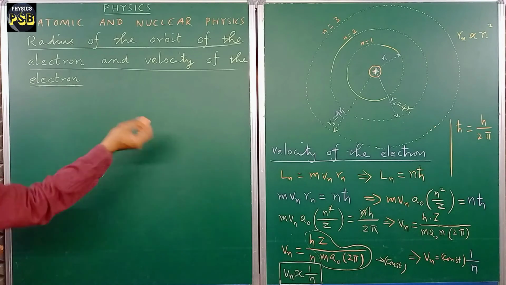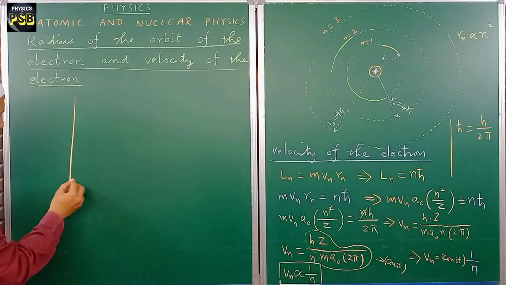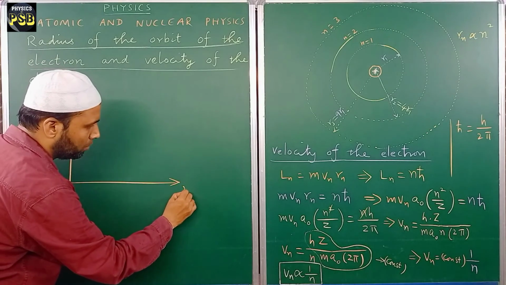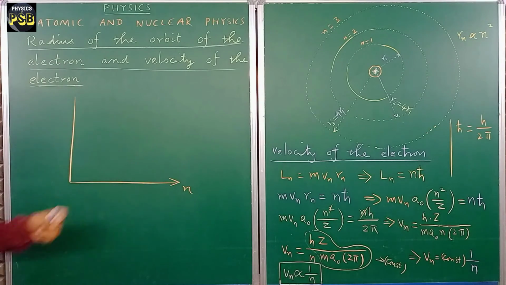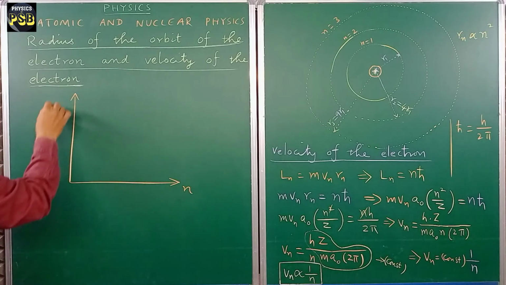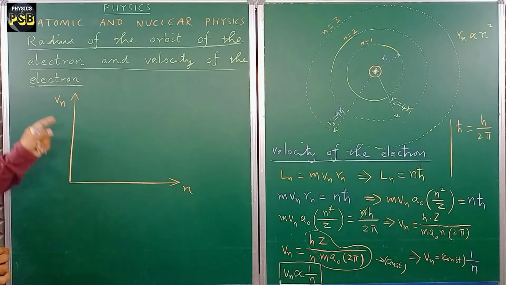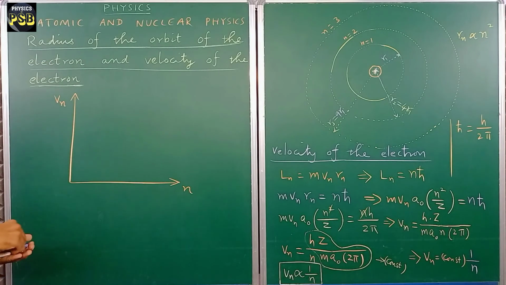In that graph, I take the principal quantum number along the x-axis and the velocity of the electron in nth orbit along the y-axis.